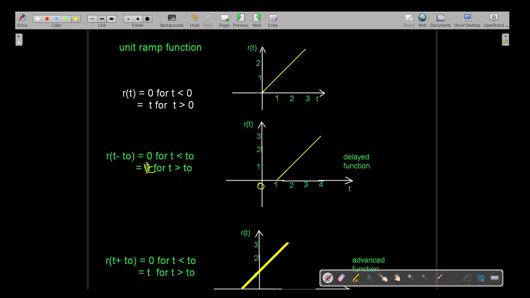If it occurs at 0 and continuously rises with slope 1, then it is a unit ramp function. But here the rising doesn't occur at 0 itself. Instead, it is delayed by one time unit. So this is our delay function, but after that it keeps rising.